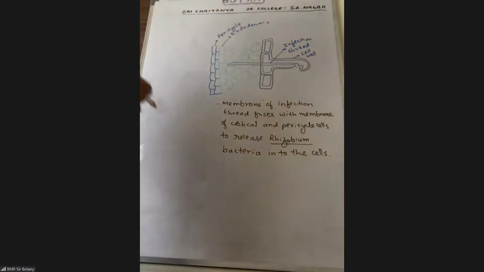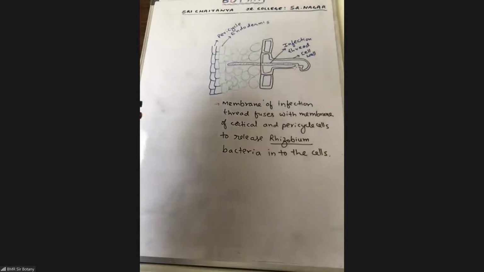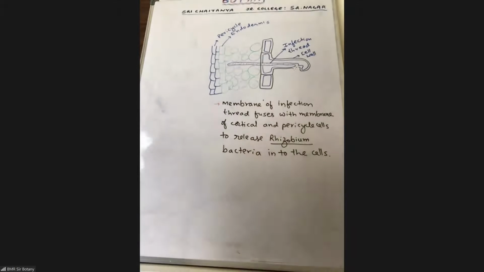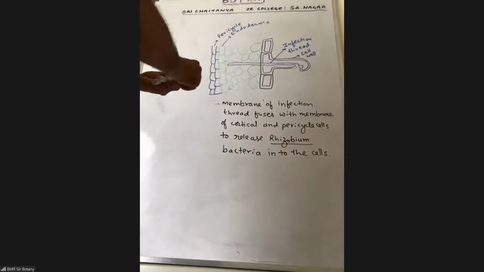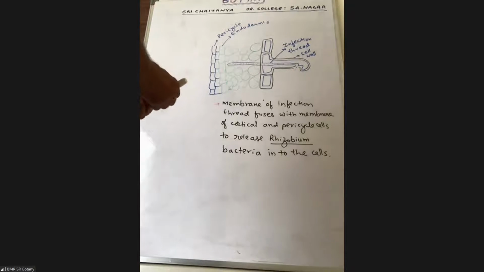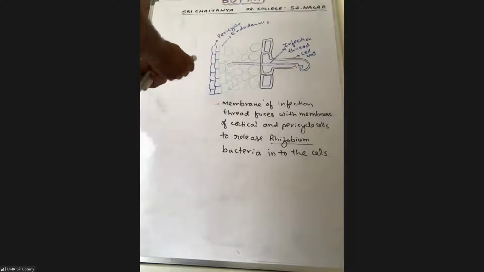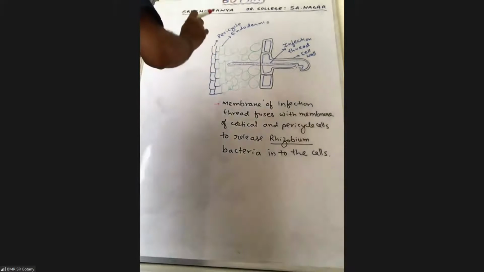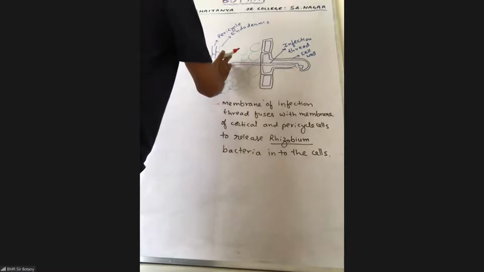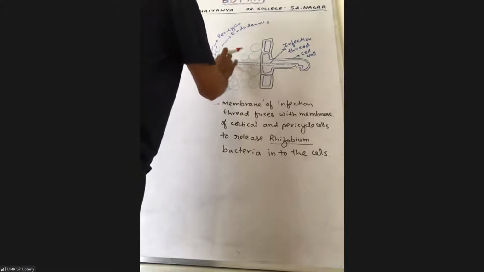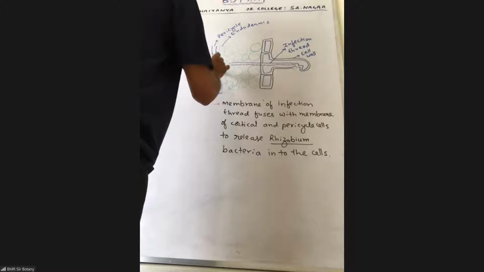See, Nana, how things are going on in nature. So once the tip is ruptured or fused with the cortical cells, where do these go now? They go into the cortical cells and even pericycle cells also.